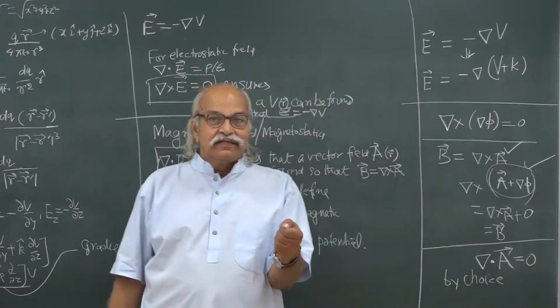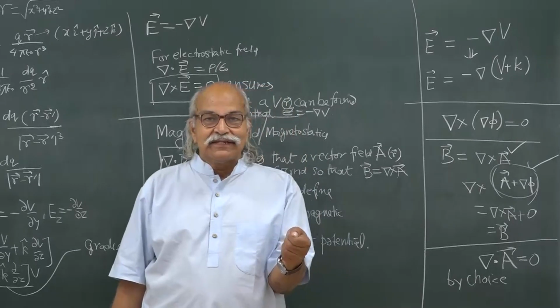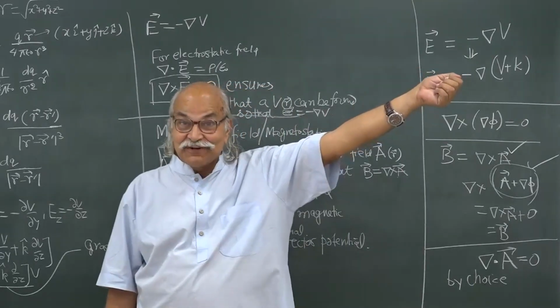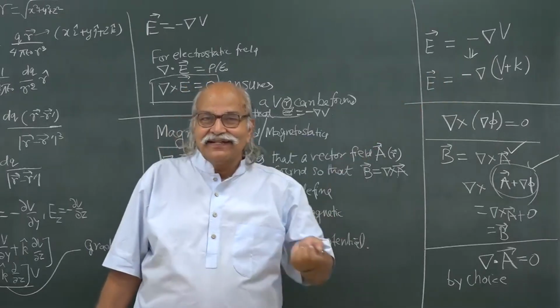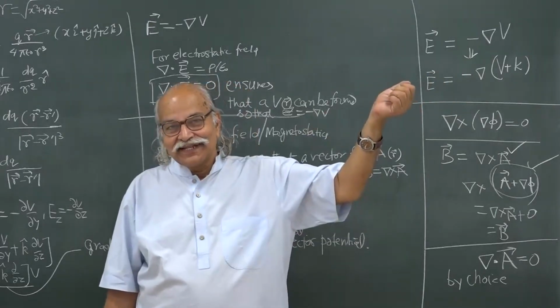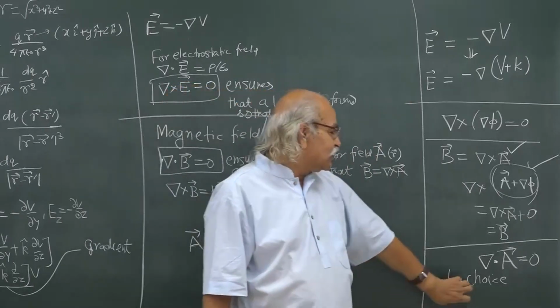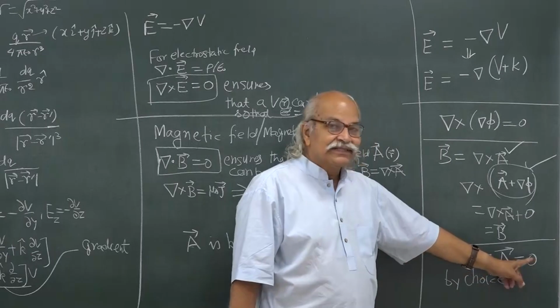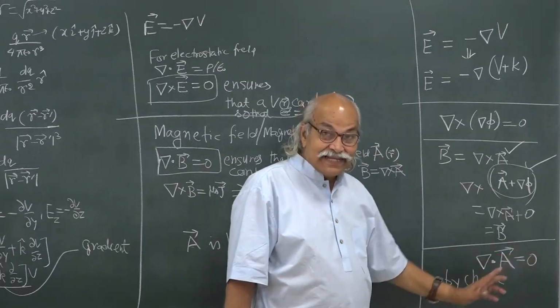You take 0 potential in the electrostatic case here or there, no physics involved, it's just a choice, I take the 0 here or I take the 0 there. Similarly, here it is just by choice that we choose A such that divergence of A is 0.